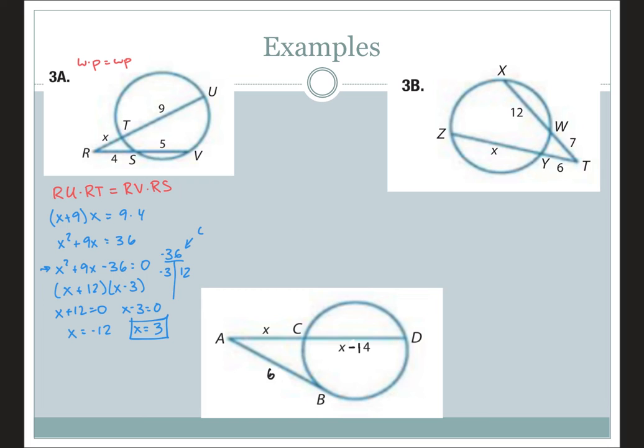So I plugged those into our parentheses and set it equal to 0. Then you take each variable piece and bring it out and set each of those pieces equal to 0 and solve for x. Now in this case, I had a negative answer and a positive answer. Since RT can't be a negative 12, you just can't have a negative side length, the only possible answer is 3.